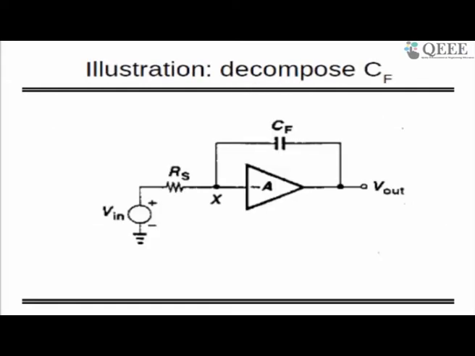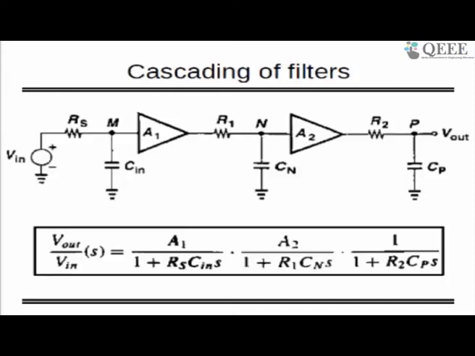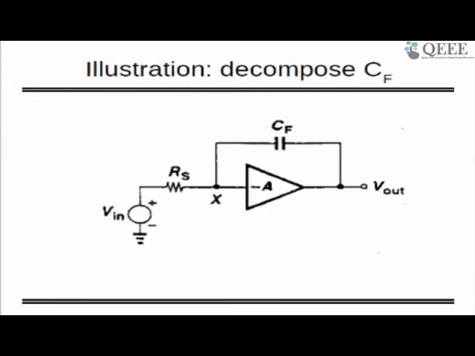Now, one more thing. I understand that if my system looks like this one, it's easier for me because I understand that it's 1 by 1 plus RCS and it's a low pass filter. I can see that it's very easy. But if there is a capacitor connected from X to V out, where X is the input and V out is the output, then it's a new thing and I don't like it.